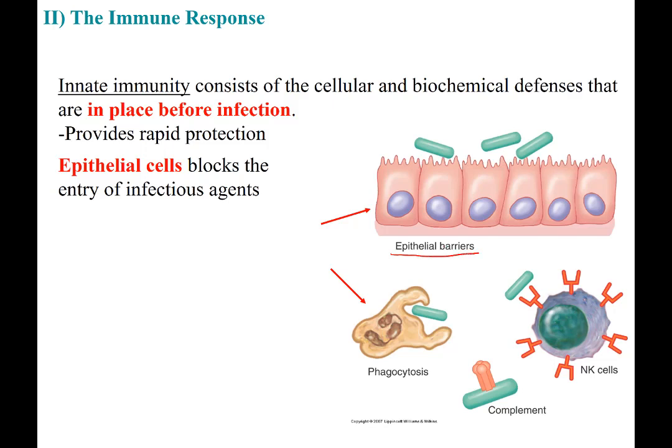So epithelial cells and epithelial barriers, we've talked about those epithelial cells before in the respiratory system, if you remember well. I talked about them in squamous cell carcinoma, for example. Those are physical barriers, and you can see here on this graph that they are blocking infection, the entry of those infectious agents. So they are key, they are very important. They are the first in line against infection.